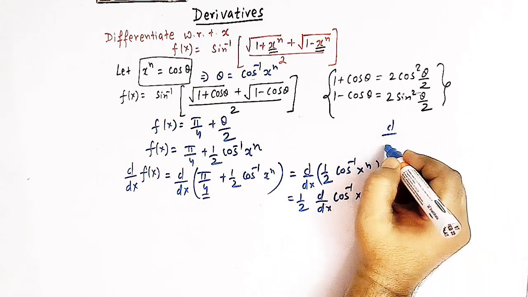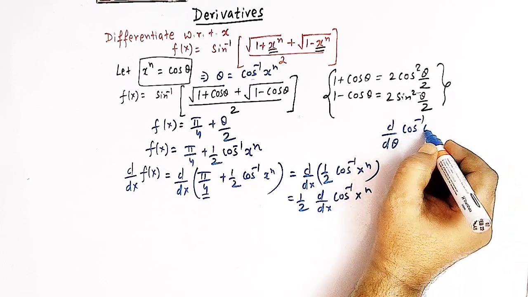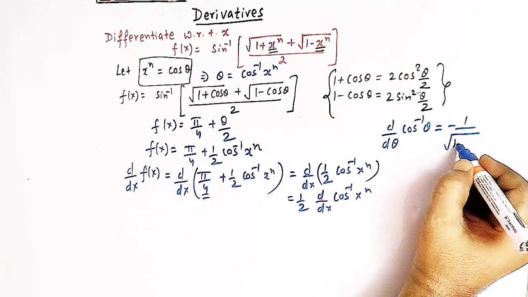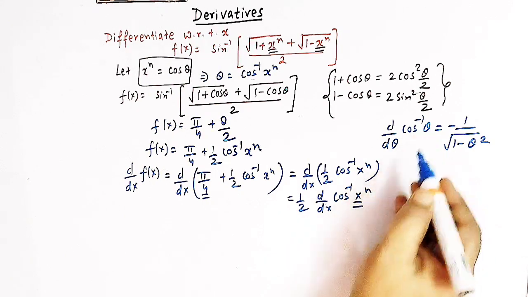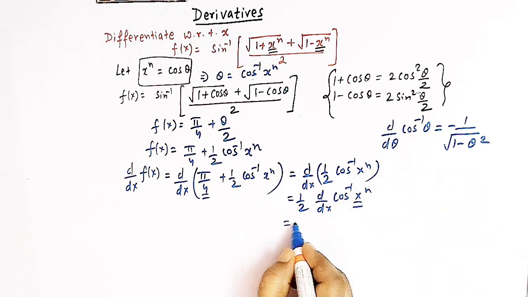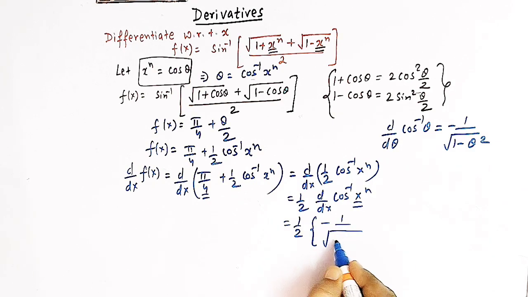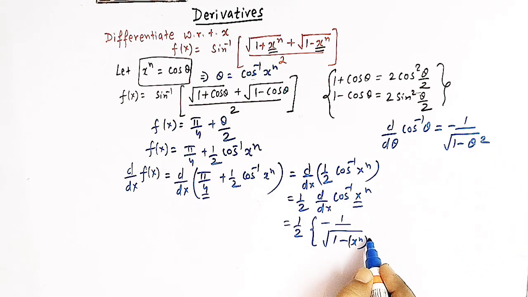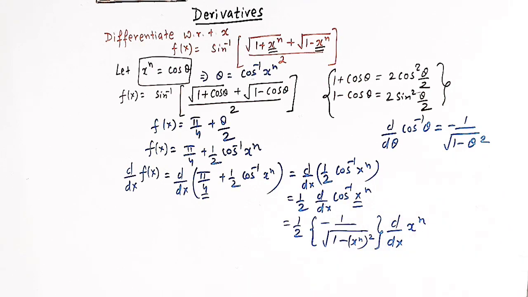Here I will make use of this result, that the derivative of cos inverse theta is minus 1 over square root of 1 minus theta square. For theta we can take x raised to n. So we have half, then minus 1 over square root of 1 minus theta square, where theta is x raised to n, squared, and then by chain rule we have to find the derivative of x raised to n.